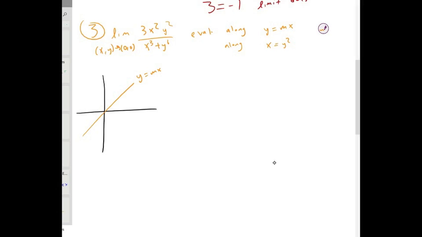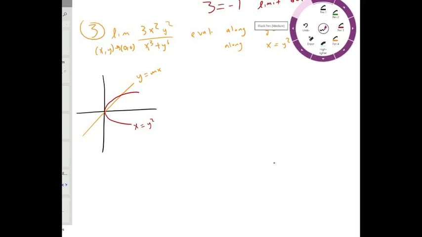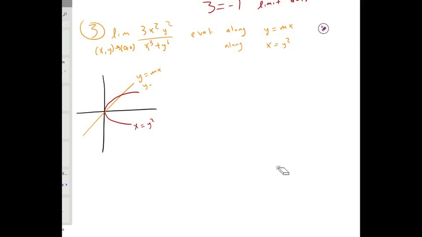And this will be x equals y squared. So for paths like these where we're going along functions, for y equals mx, y will approach mx, then we'll have x approaching 0.